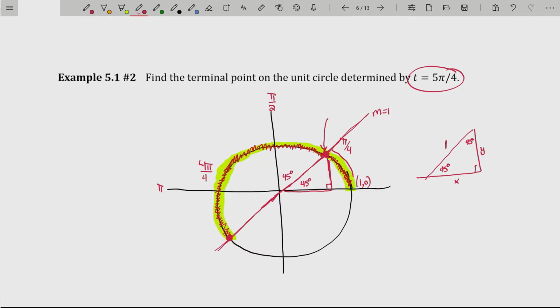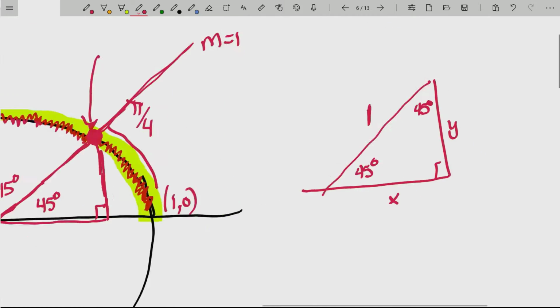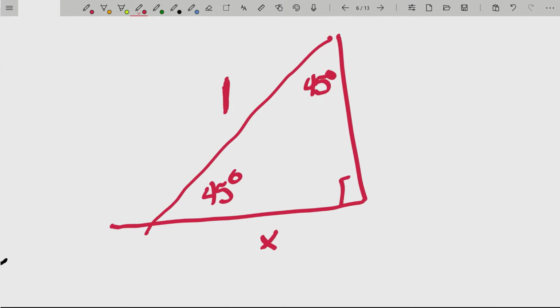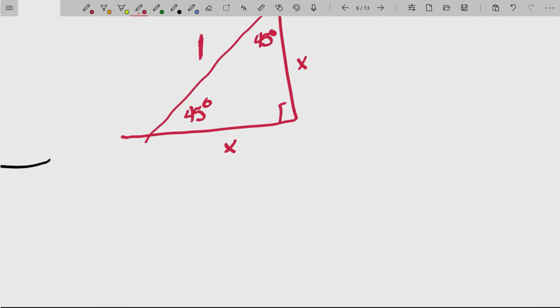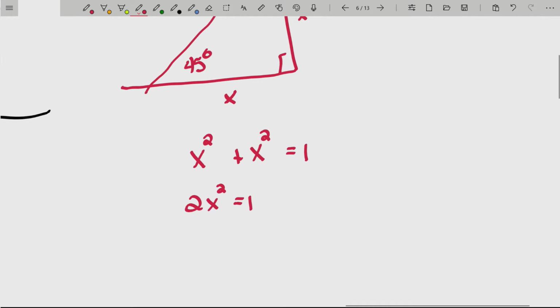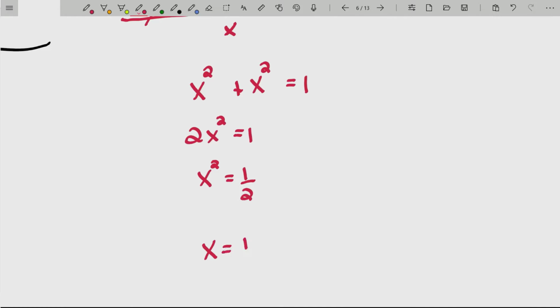Well, because they're opposite the same angles, 45 degrees on both of those angles, I could just call them both x's. They're both the same distance. And the Pythagorean theorem, which is basically the birthplace of trigonometry, tells us that x squared plus x squared should therefore equal 1. Or in other words, 2x squared should equal 1. Or in other words, x squared is equal to 1/2. Or in other words, x is equal to plus or minus 1 over root 2.